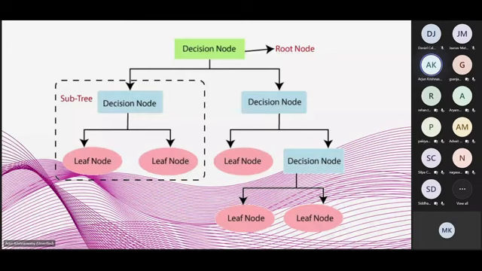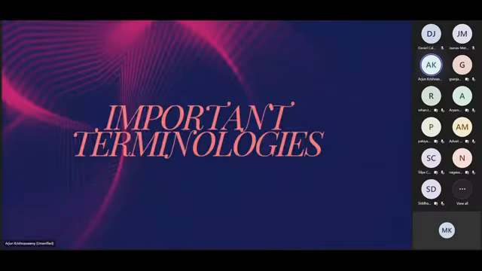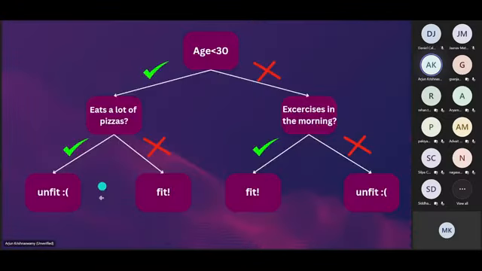So these decision nodes can be split further, and this splitting continues until we reach this node, which is called a leaf node. A leaf node cannot be split further. So if I go back, this is a leaf node.